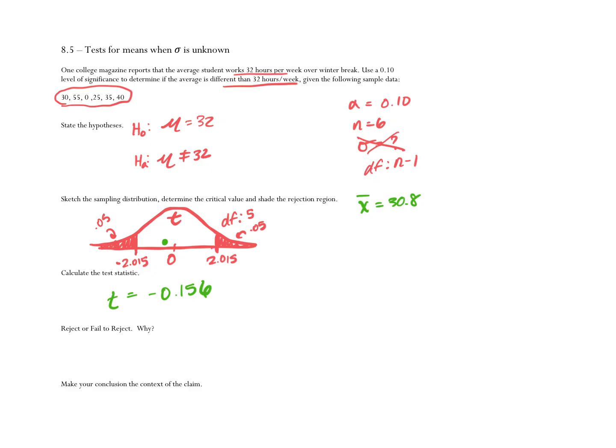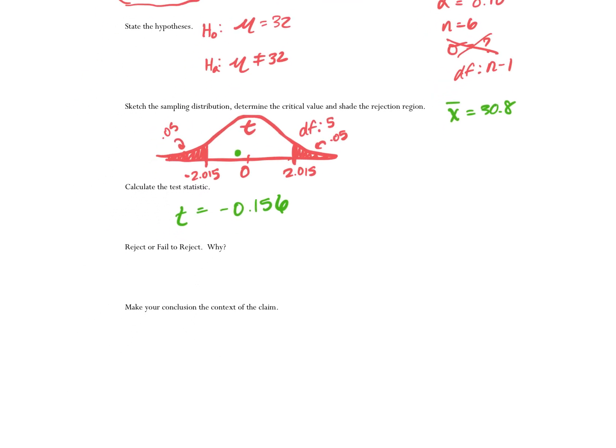So if my t is negative 0.156, am I rejecting or failing to reject? We would fail, because that t statistic is not in the rejection region. If it is in the rejection region, in those shaded tails, that's when we reject. Those are the crazy samples that would suggest it. And what would it take for us to be in these tails?